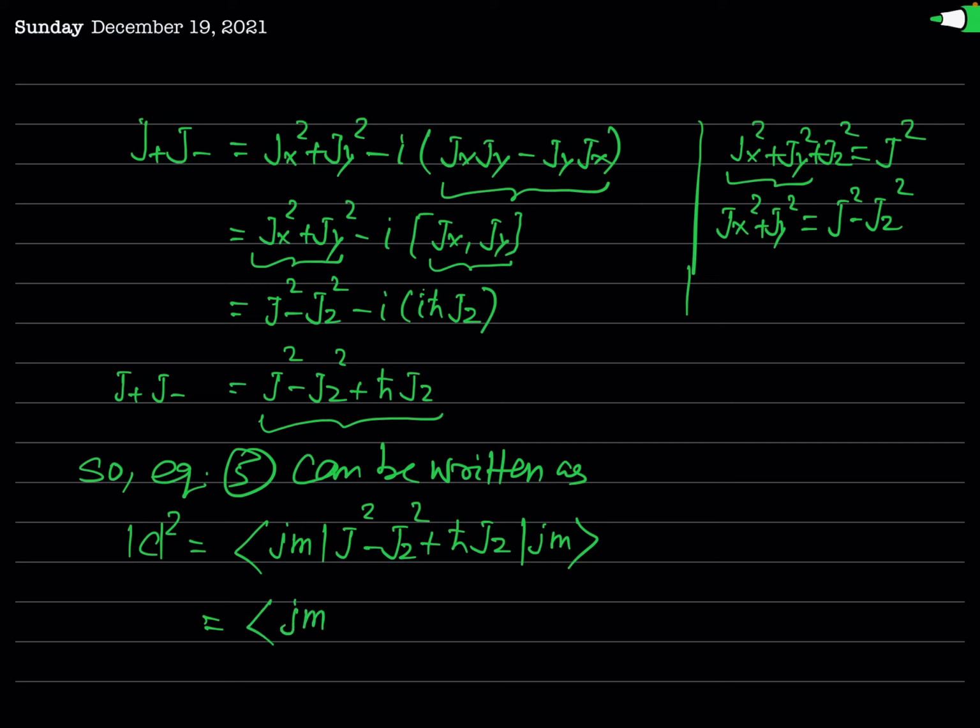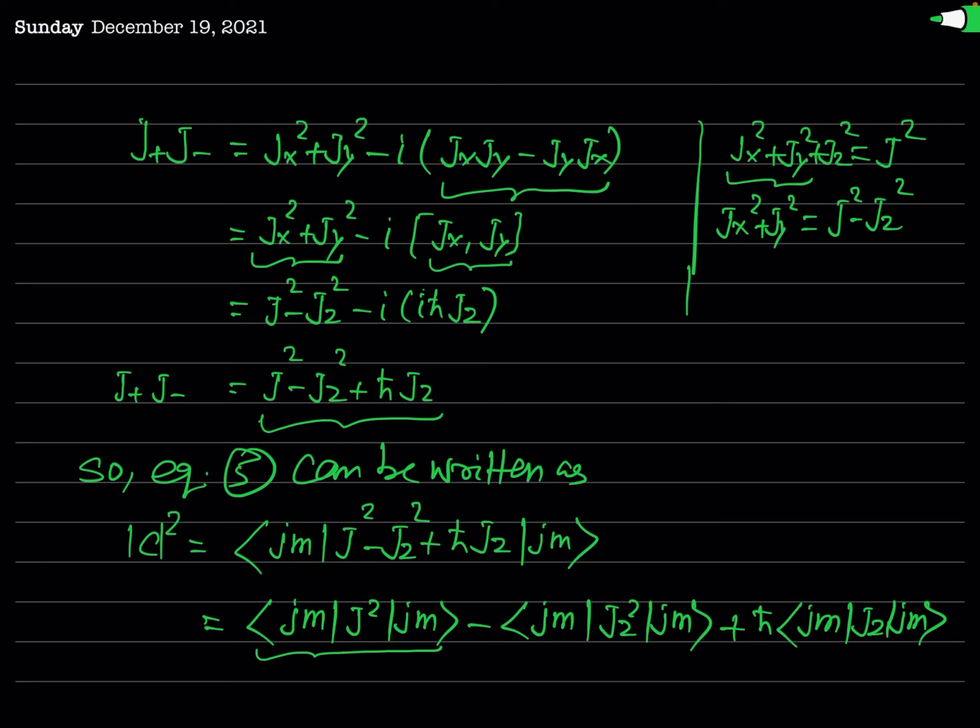This is bra jm j square ket jm, minus bra jm jz square ket jm, and plus h bar is constant, bra jm jz ket jm.